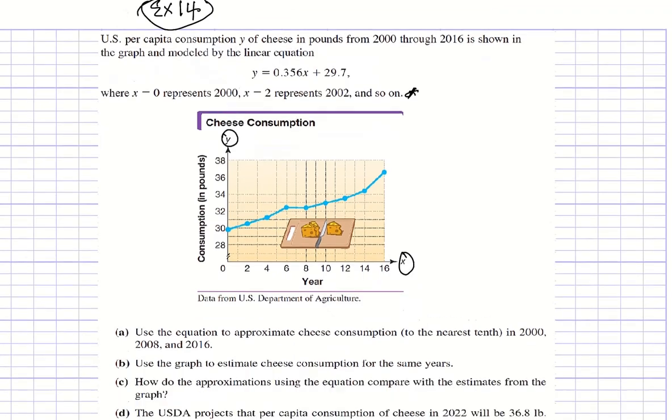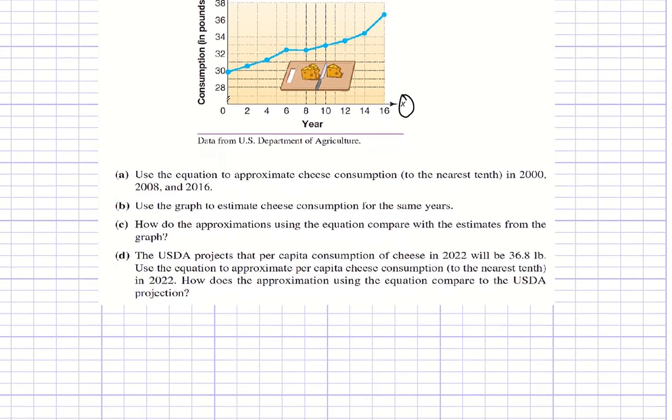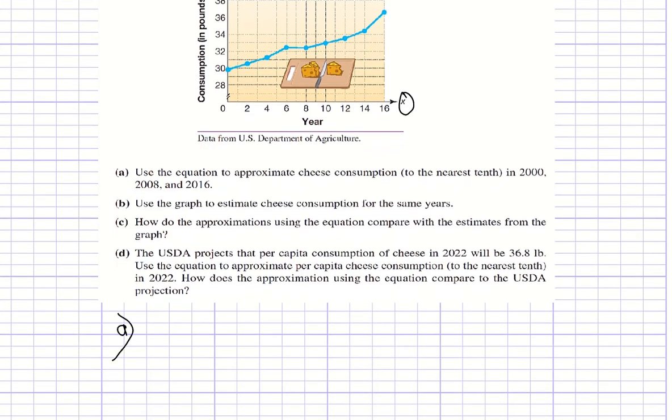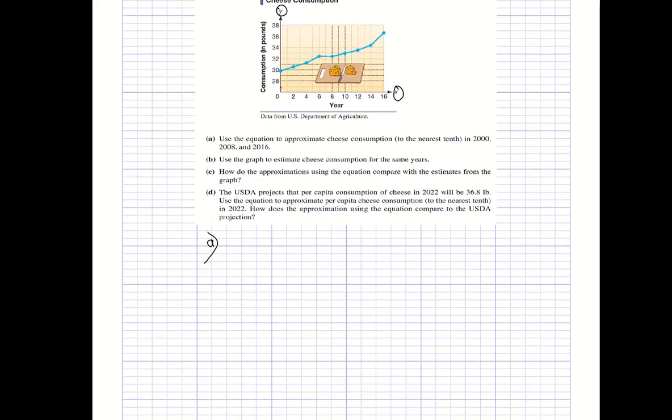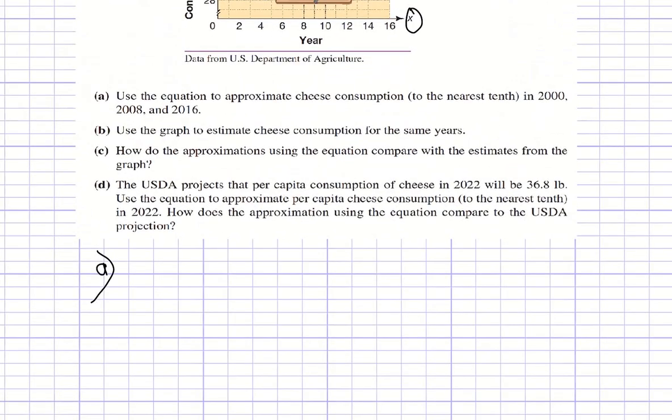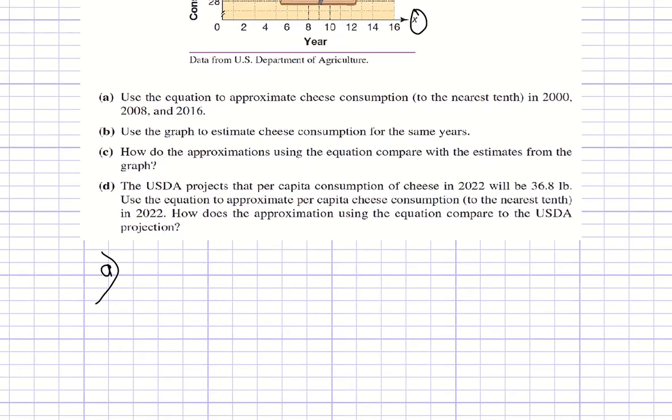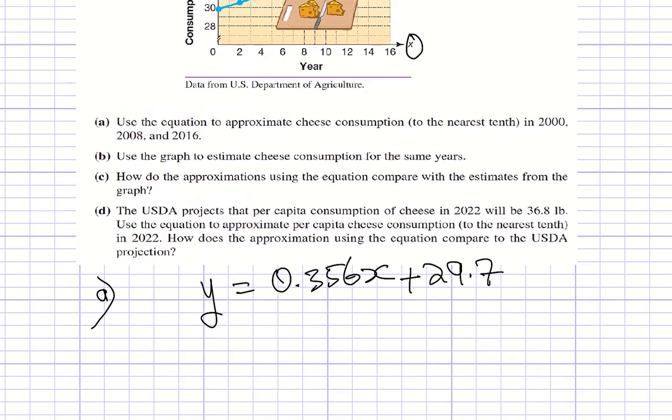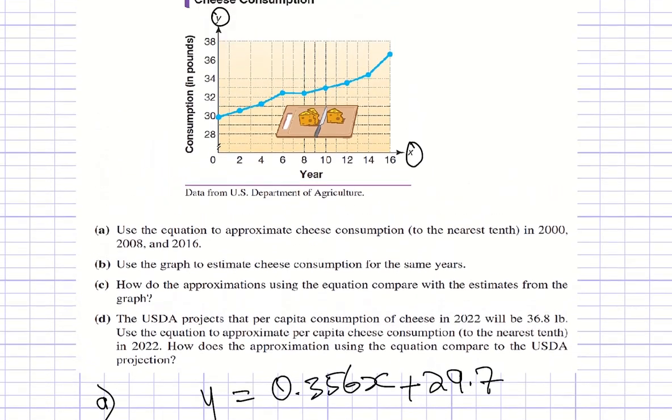Alright, so part A: use the equation to approximate cheese consumption to the nearest tenth in 2000, 2008, and 2016. They give us y equals 0.356x plus 29.7. That's the equation.